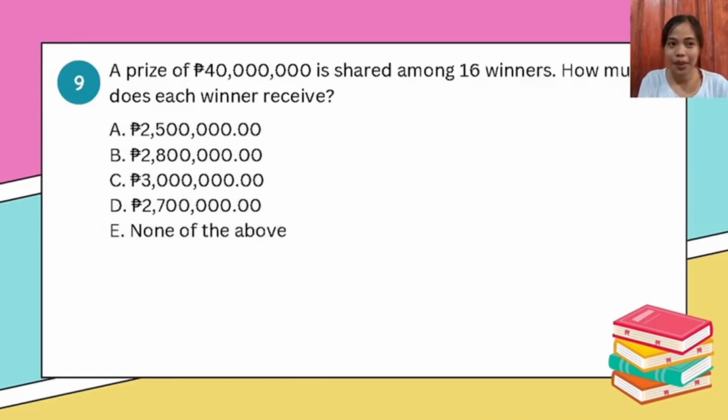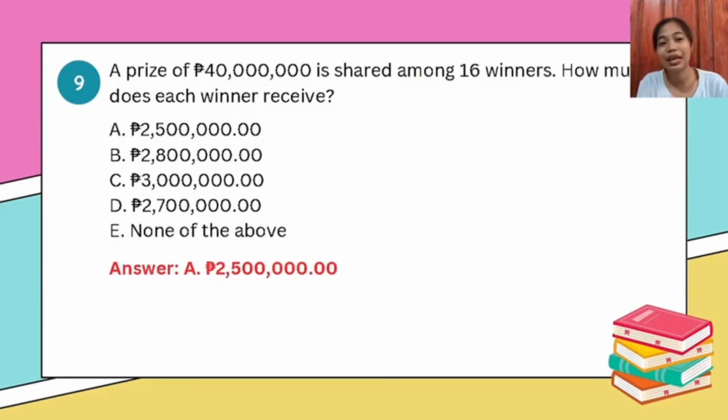A, 2,500,000, B, 2,800,000, C, 3 million, and D, 2,700,000 pesos, or E, none of the above. So basically, all in all, we have 40 million pesos shared among 16 winners. So we're just going to divide the two values. So the answer is letter A, 2,500,000.